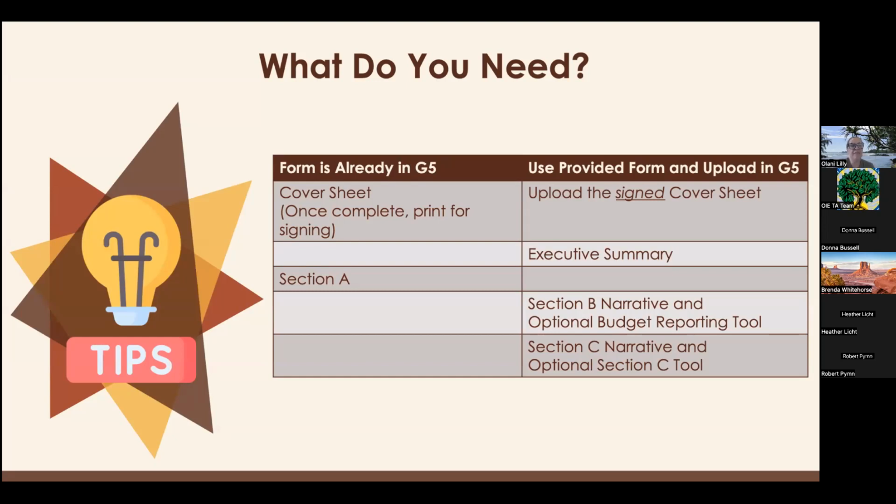These other forms, in the column "use provided form and upload to G5," are forms that we have attached earlier on and all the way through this webinar, and you will also be receiving those blank forms in the follow-up email. You can complete those forms and then upload them to G5.